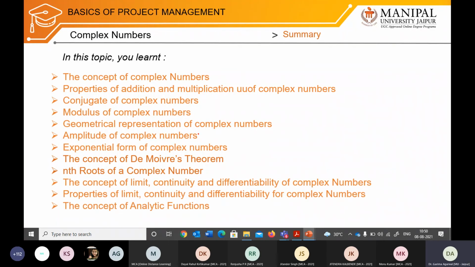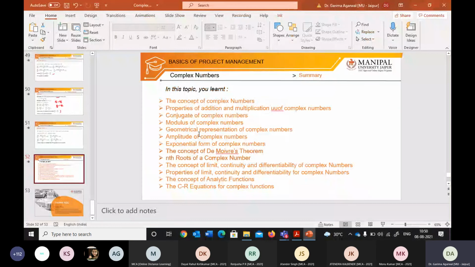Also in the last we discussed the analytic functions. This is the basic concept of complex numbers.